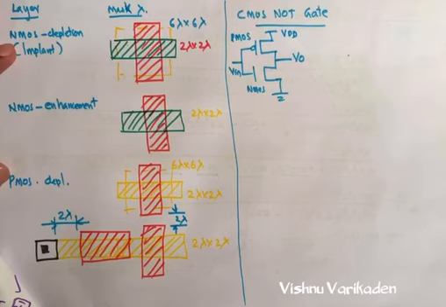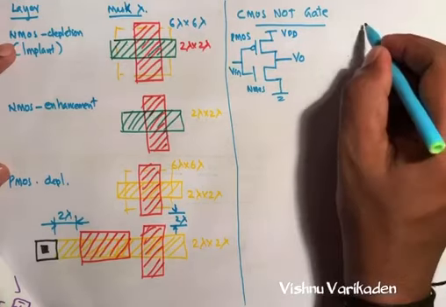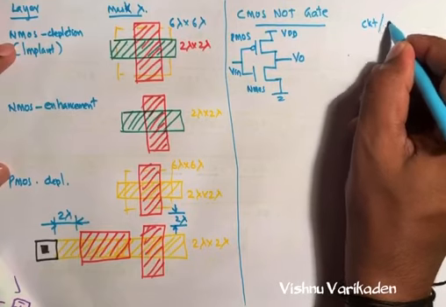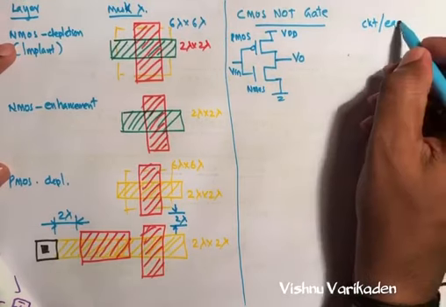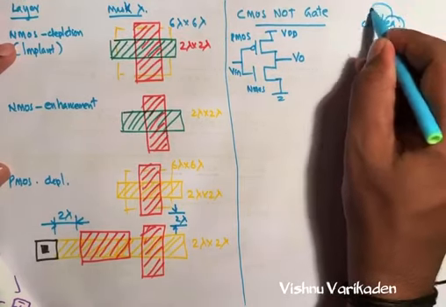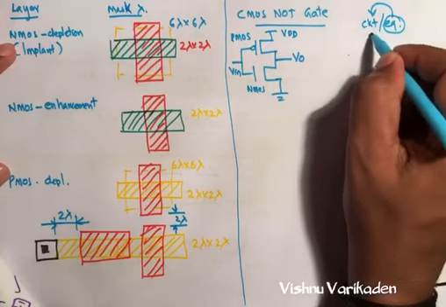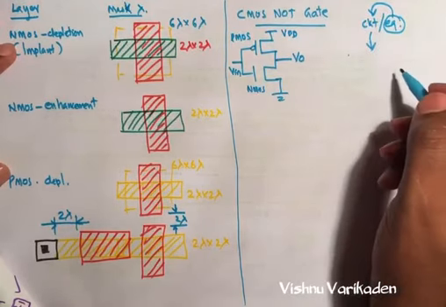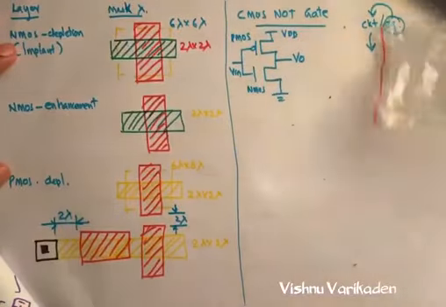So the sequence of this design is first starting from circuit or equation. If you are given any equation, first we will make the circuit, and after that we will make the stick diagram.